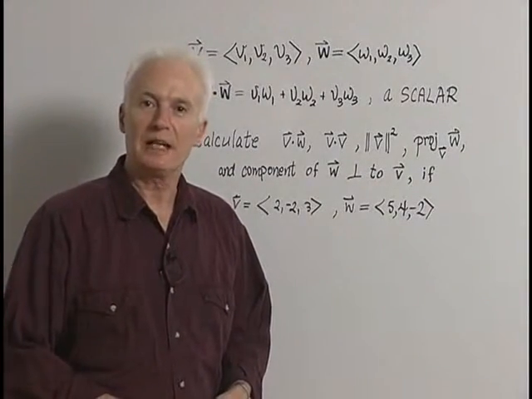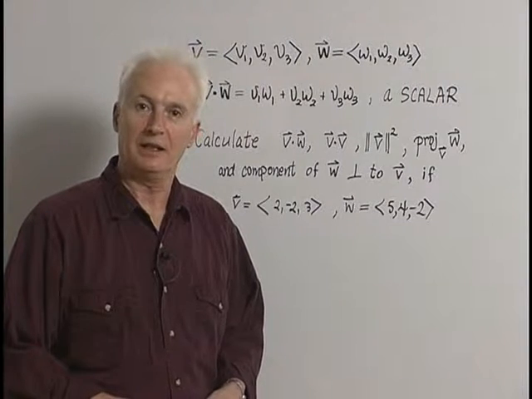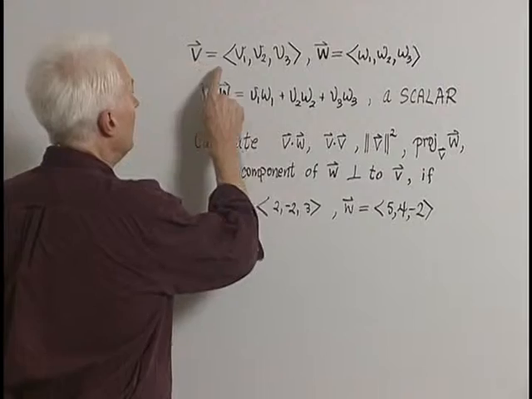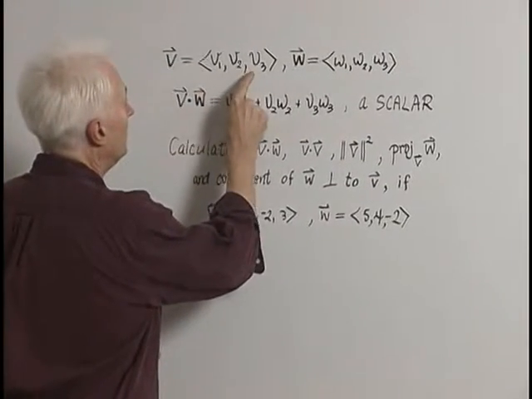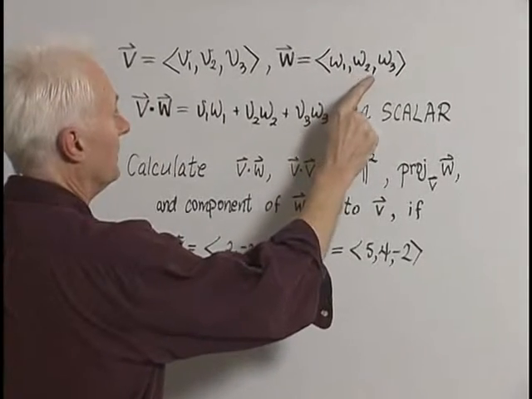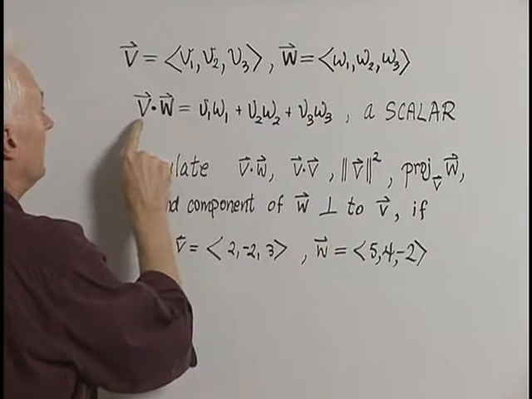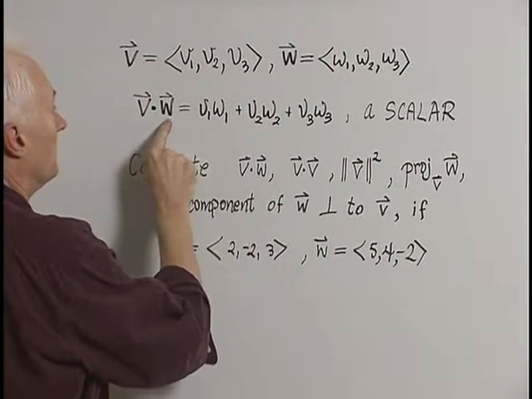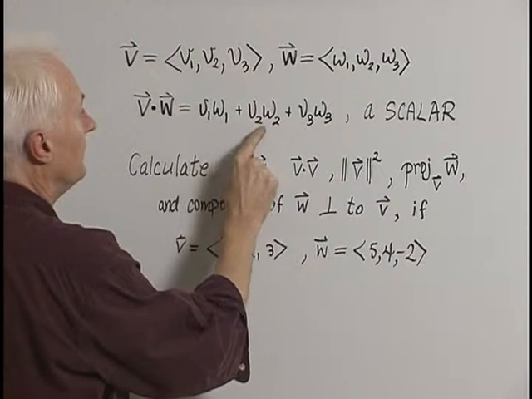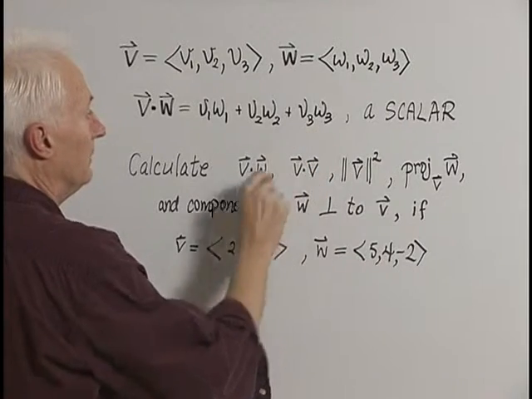Okay, now let's do some calculations with the dot product. Just to review, if v has the components v1, v2, v3, and w has components w1, w2, w3, then to calculate v dot w in terms of their components, that's v1w1 plus v2w2 plus v3w3.